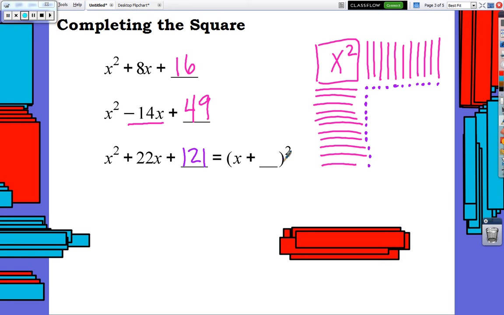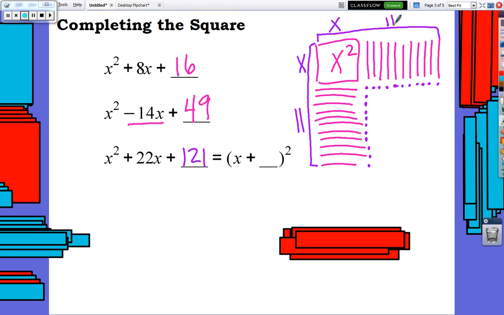Now this next part, you'll notice that on the homework it says fill in the blank, and sometimes it'll say equals this parentheses squared amount. The whole idea is we're completing a square, which means that my side lengths are the same. This side length was an x and 11 ones. This side was an x and 11 ones.